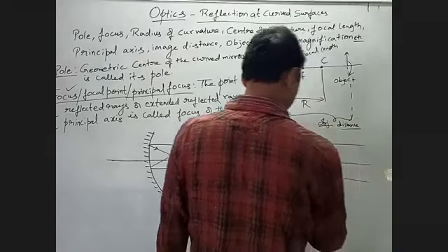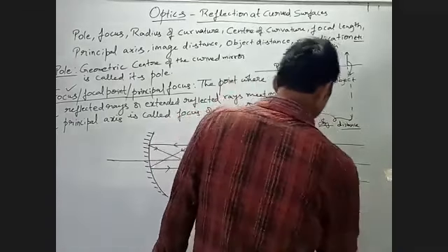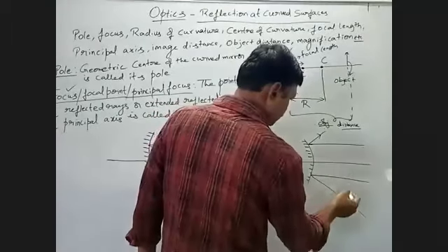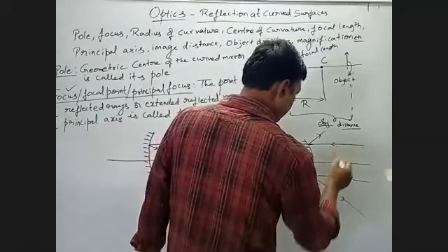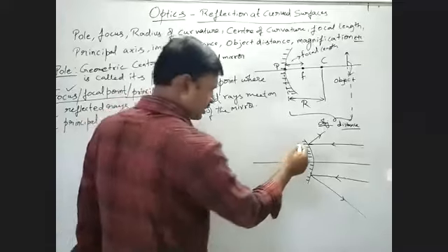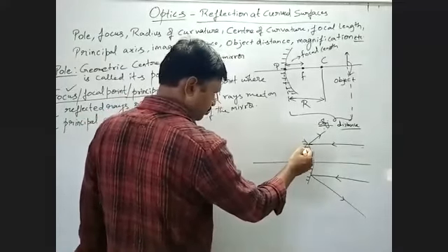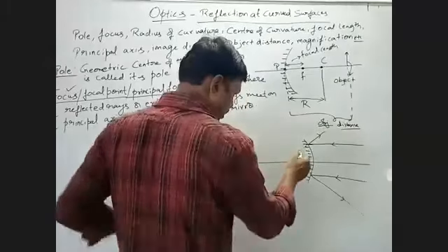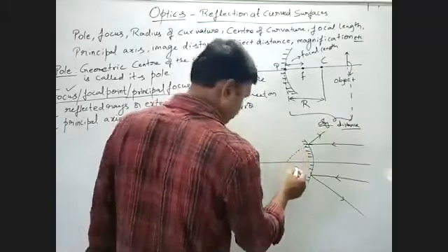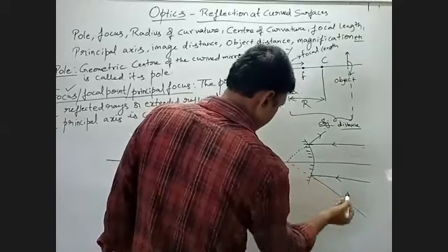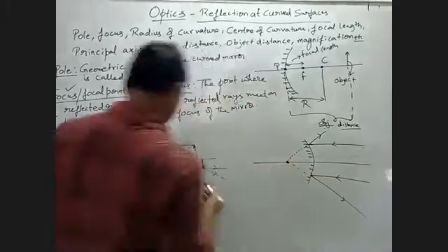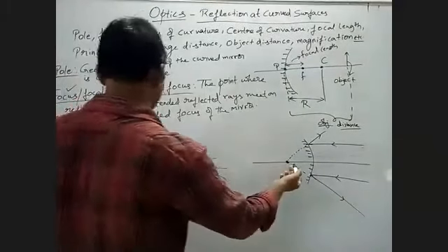Two rays fall on a convex mirror. These rays are divergent. If you draw these rays backward, they appear as if they are coming from here. So this is the principal focus.